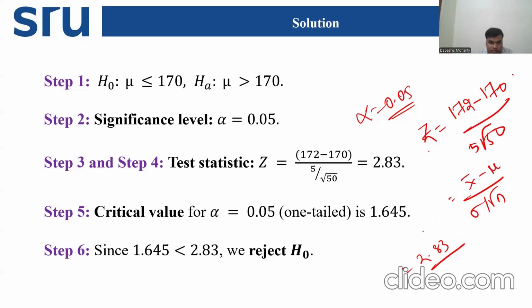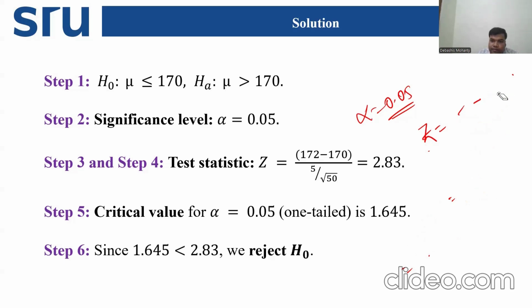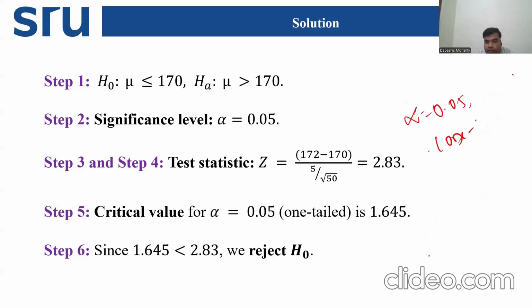After defining these values, we have to find the critical value. How to find the critical value? Alpha is given as 0.05, and it is a one tail test, so this value is 1.645.